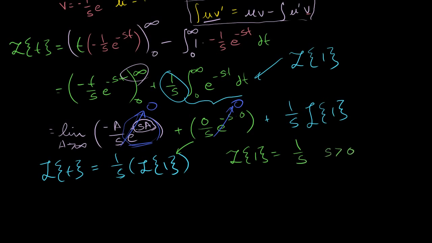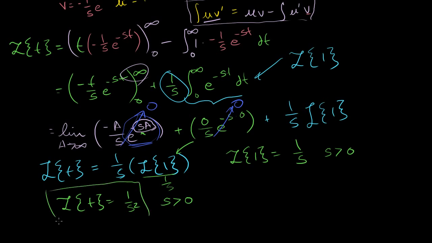In fact, we have to assume s is greater than 0 here in order for this to go to 0. Only if s is greater than 0, when you get a minus infinity here, does this approach 0. So fair enough. The Laplace transform of t is equal to 1 over s times 1 over s, which is equal to 1 over s squared, for s greater than 0. So we have one more entry in our table, and then we can use this.